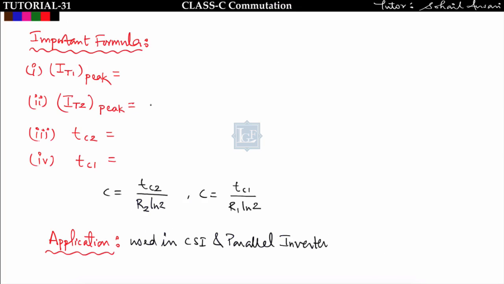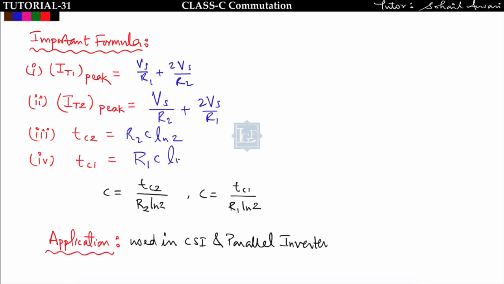So finally I can write the formulas. IT1 peak we have already found, that is equal to Vs upon R1 plus 2Vs upon R2. Similarly IT2 peak will be Vs upon R2 plus 2Vs upon R1. Circuit turn off time for thyristor T2 is equal to R2C ln2, and circuit turn off time for thyristor T1 is R1C ln2.